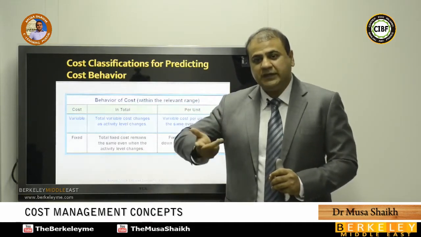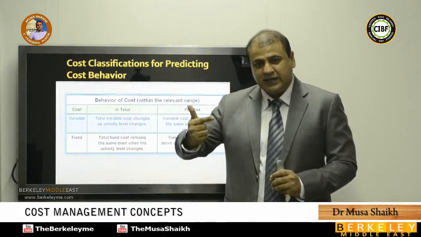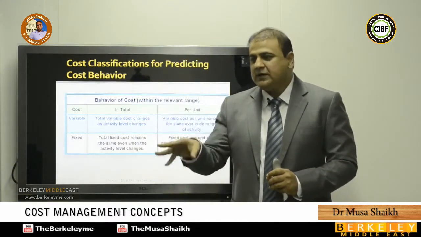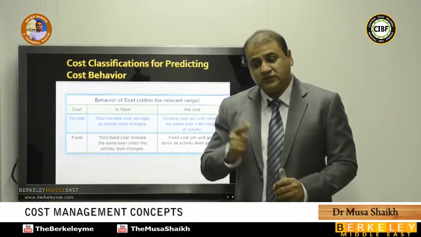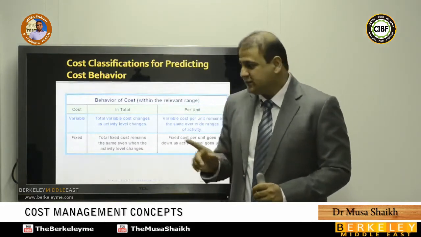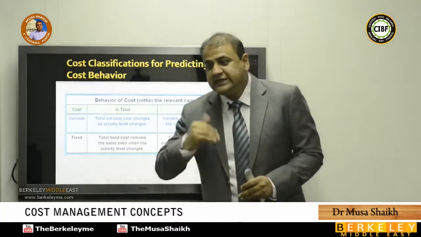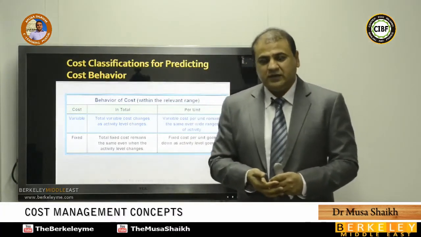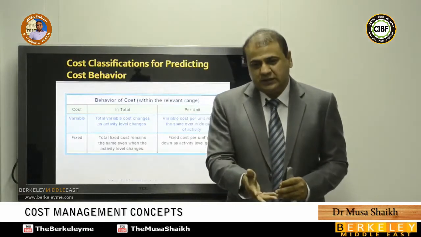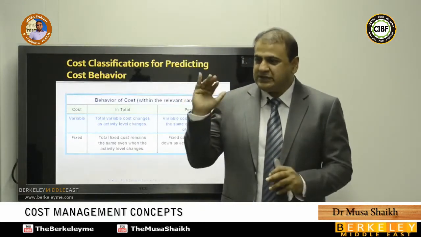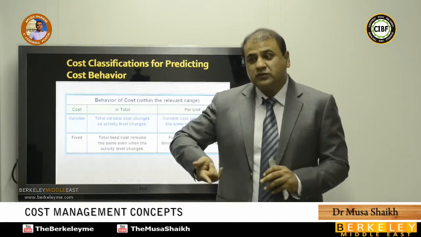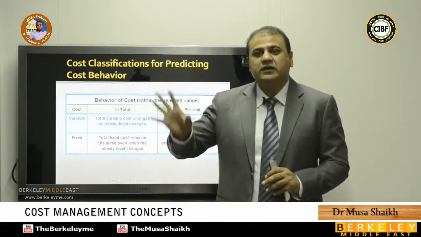So per unit means 10,000 divided by 10. So per student rent of this room is 1,000, right? This is the concept of per unit. But if we increase the number of students, if we have 20 students, the rent is the same, 10,000. So per student now is 500.